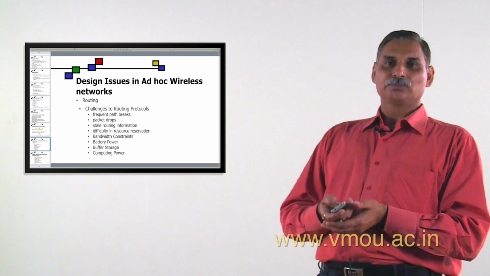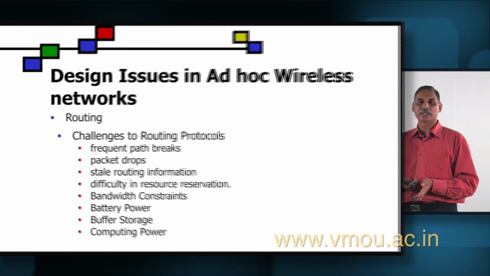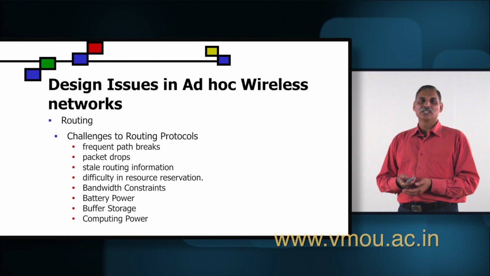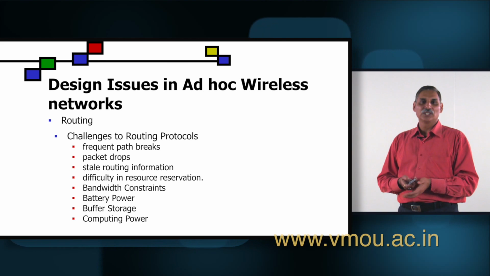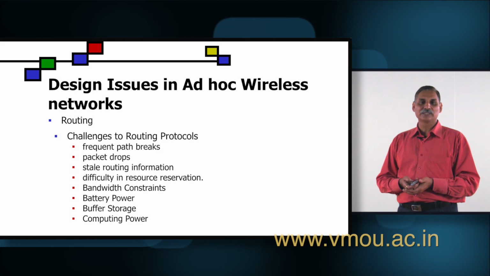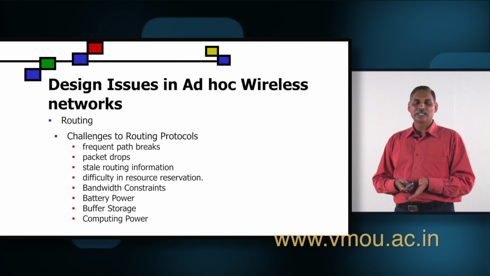Design issues in mobile wireless ad hoc networks. One is routing, and the challenges in routing protocols are frequent path breaks due to mobility, packet drops due to mobility again, stale routing information, difficulty in resource reservation, bandwidth constraints, battery power, buffer storage, and computing power.